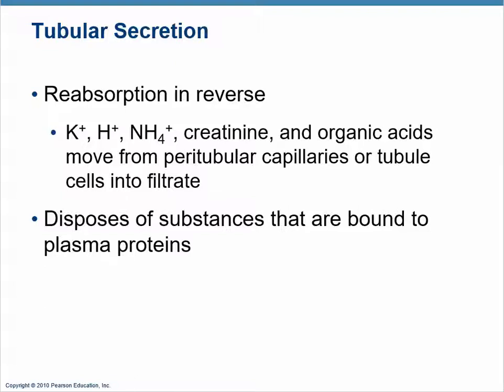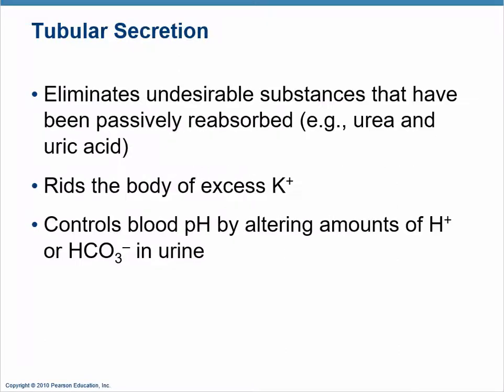It really is used to get rid of stuff that got reabsorbed but we don't really want to keep. So stuff that has been passively reabsorbed but we don't want to keep, we get rid of it by pumping it out using the sodium-potassium pump. Bicarbonate and hydrogen ions go this way too. But potassium is the big deal.